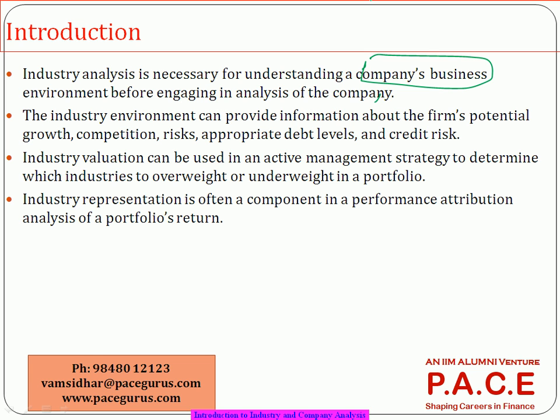It's the same parent, but the success may not be the same in all the countries, because the characteristics of the industry are different in each of the countries, right? An IT industry may be very successful in India, but in some countries the IT industry may not be as successful as in India, though it may be successful in other countries.